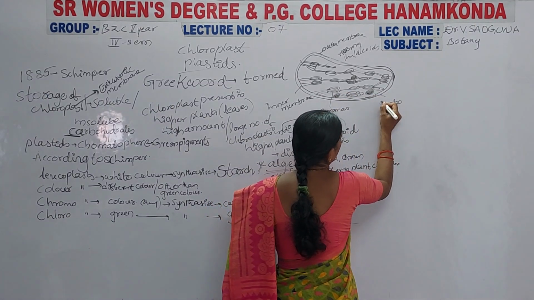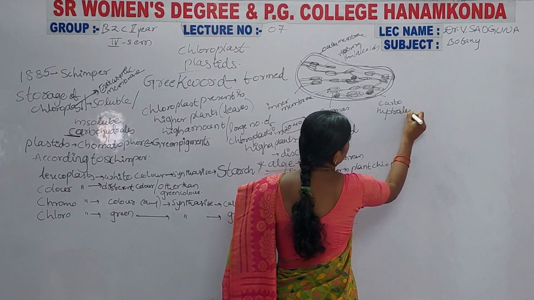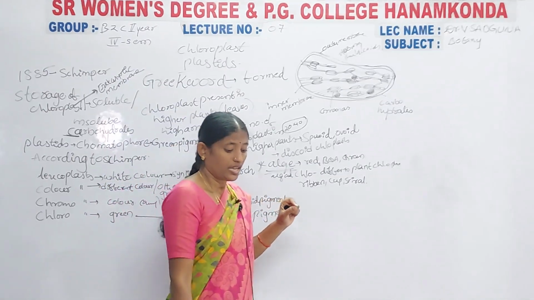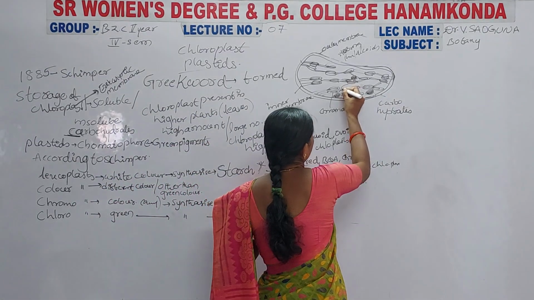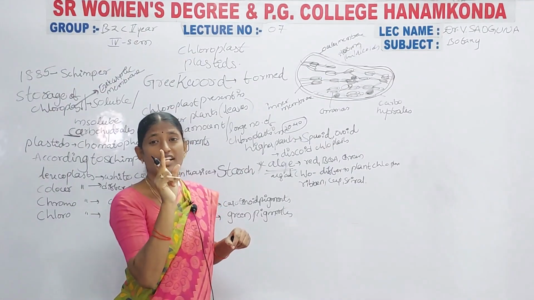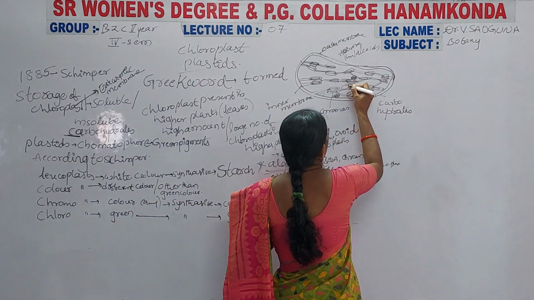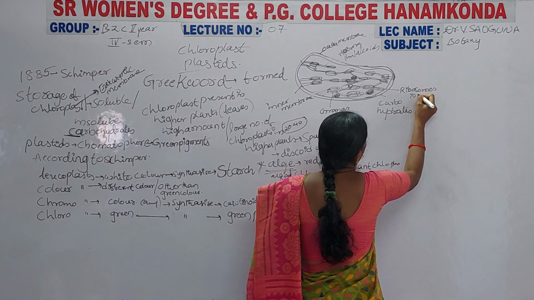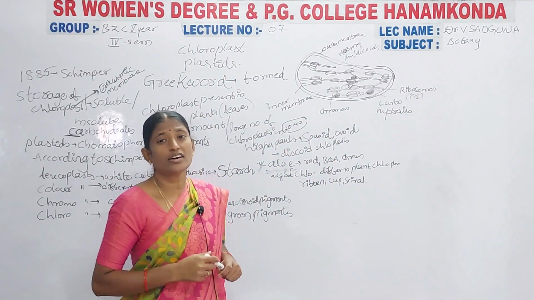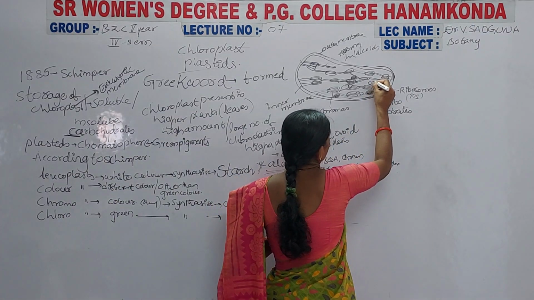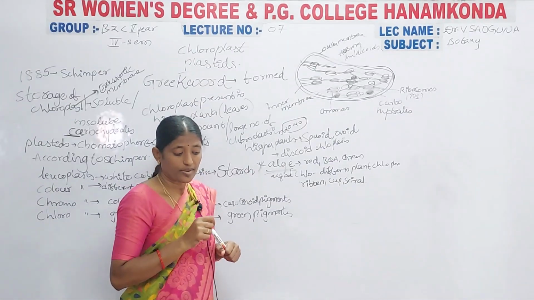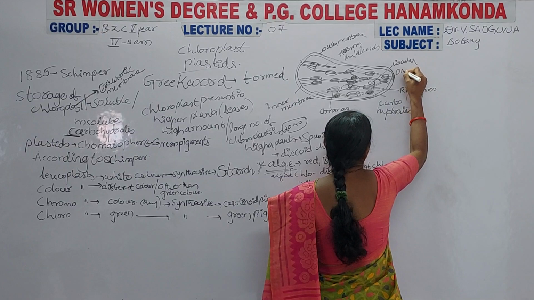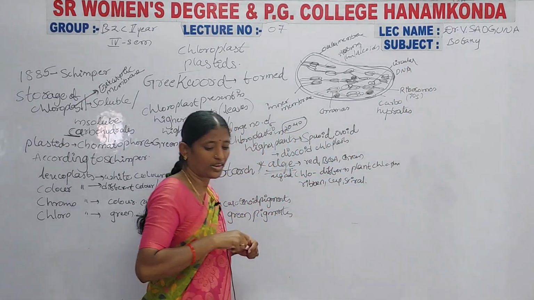It also contains ribosomes. The chloroplast mostly contains 70S ribosomes only, and circular DNA.